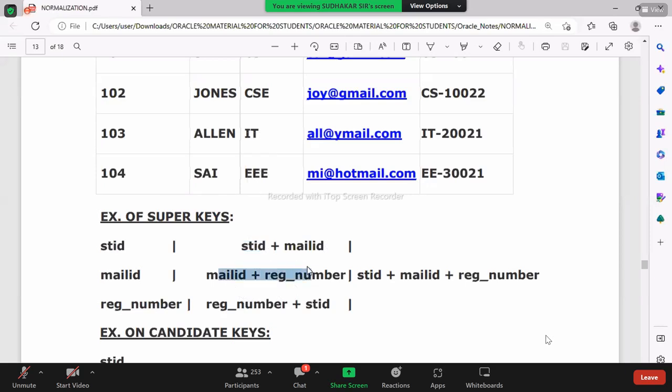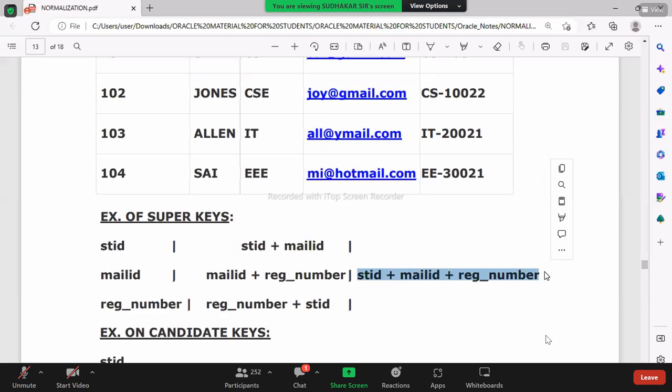Mail ID and registration number also maintain uniqueness, so it also comes under super key. Registration number and student ID again maintain uniqueness, again super keys. And finally, this 3-column combination of data also maintains uniqueness, so this 3-column combination is also called super key columns.